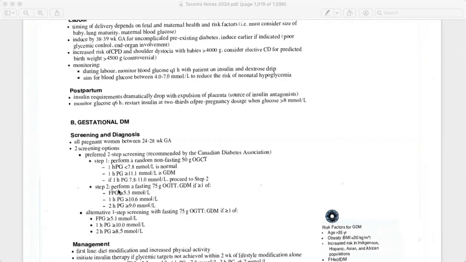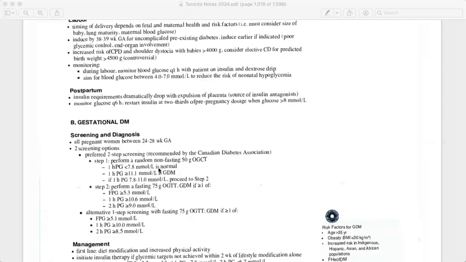So step 2 is where you perform a fasting 75 gram test. Before it was 50, now it's 75. We already know the values are 5.3 and 10.6, but the other cutoff is 9 millimole, and the values differ from the 50 gram test, which was 7.8.